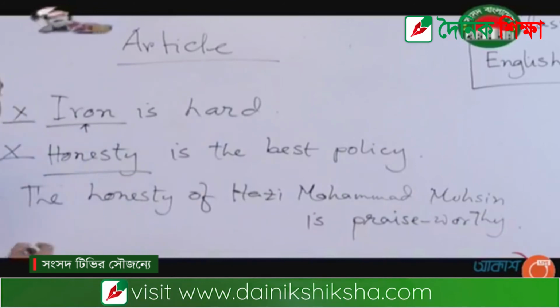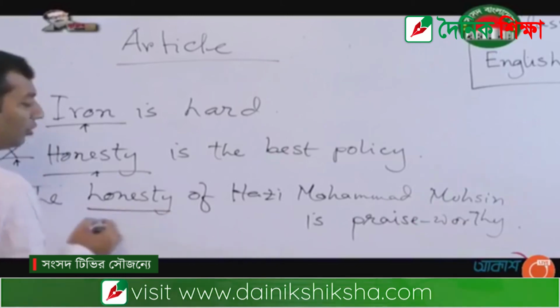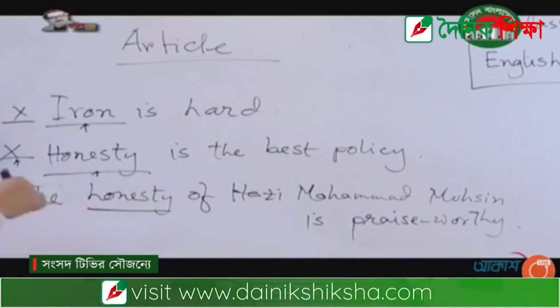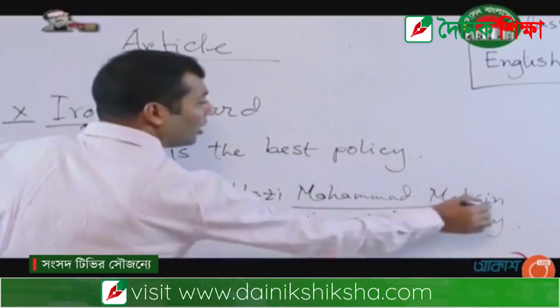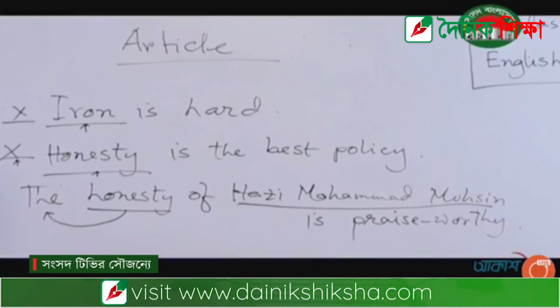So look here, in the general case we do not need to use the article the before it because it is commonly known as an abstract noun. But when this abstract noun has been used as a definite one, the honesty of whom? The honesty of Haji Muhammad Mohsin, of a particular person, then you need to use the article the before it. So the honesty of Haji Muhammad Mohsin is praiseworthy.